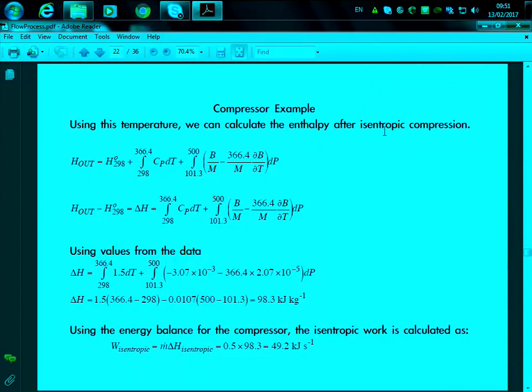So we have Cp dT. We said that the only difference between entropy and enthalpy was the temperature dividing in here, if you remember. That's the only difference between one and the other. So here we have just Cp dT, and we have the integral as well of the real equation of state that we saw in order to approximate the volume, to be able to derive the expression.